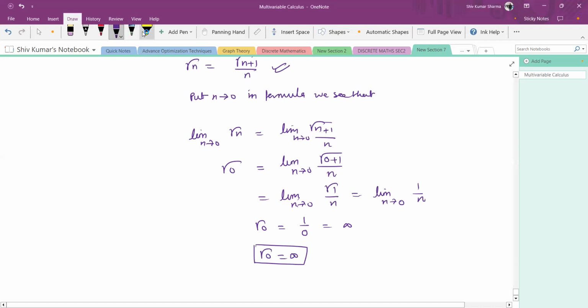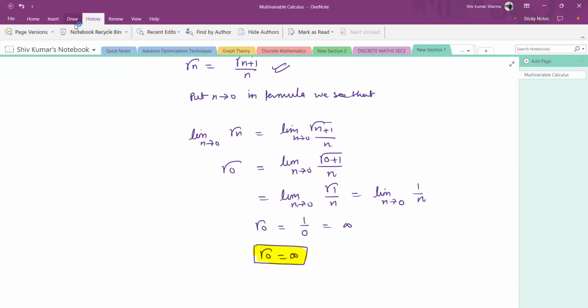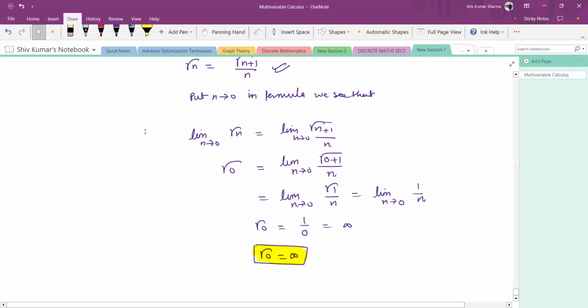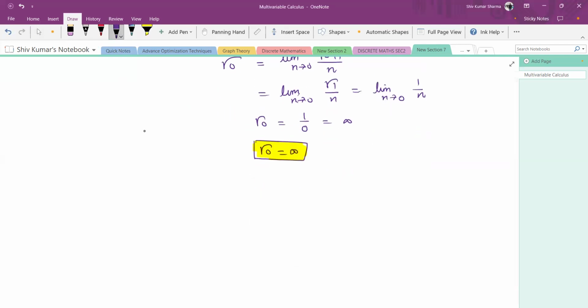Now we calculate for the negative integers. We see that gamma 0 is equal to infinity. Now we talk about the negative integers, so we take n is equal to minus 1, minus 2, minus 3, and so on.